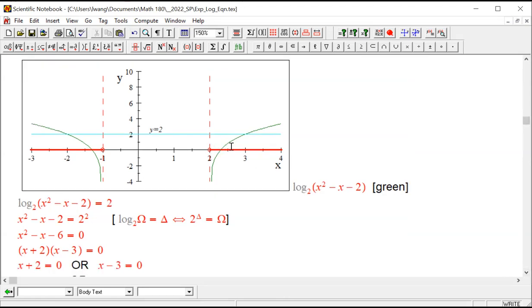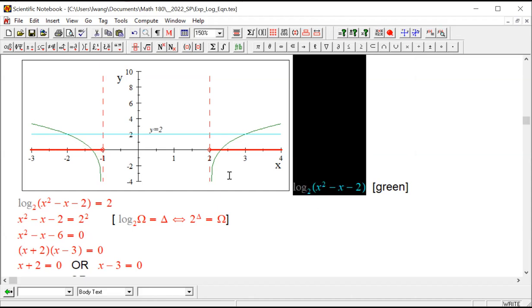The domain is right here. You can see the curve only shows up on the domain piece. And the x equals to -1 and x equals 2 are the vertical asymptotes.